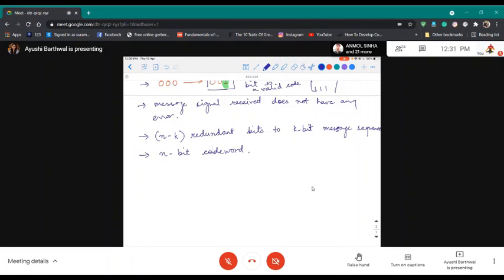Now let us say since we have an n-bit code word, the number of possible symbols because of this n bits is 2 raised to the power n. There will be 2 raised to the power n possible vectors.